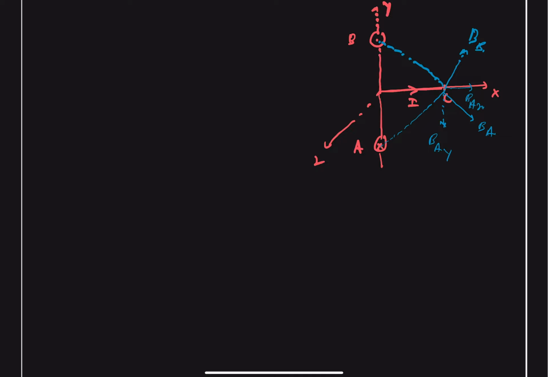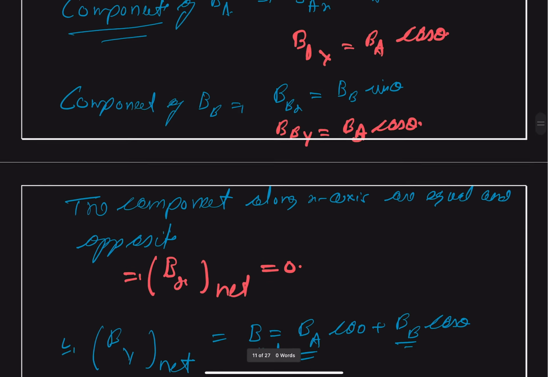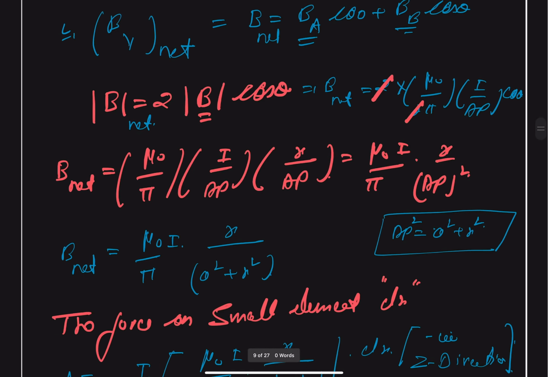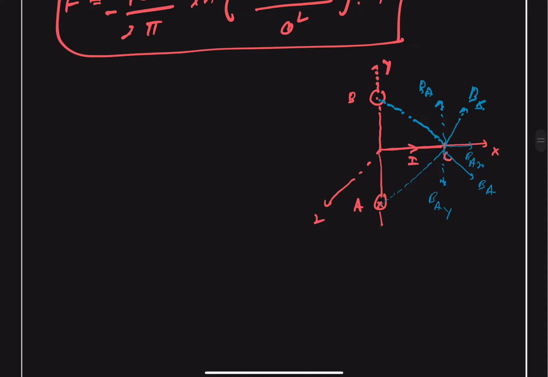So we can also divide it into two components. This will be our BAY, and we are going to have this BAX. And the direction of B is reversed. So you can clearly understand that the net force will be equal to 0.